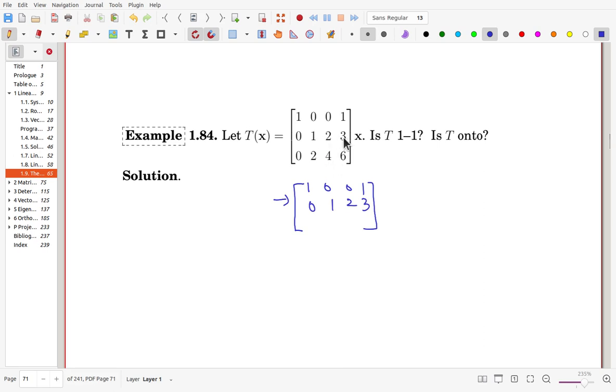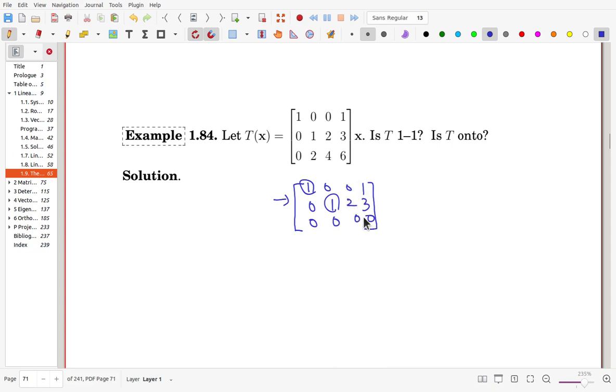Twice of this row is the same as that, so we can reach here by subtracting. Now we have this pivot, and for this one here, this row has no pivot, so it cannot be onto. Also, two columns have no pivot, so it cannot be one-to-one.